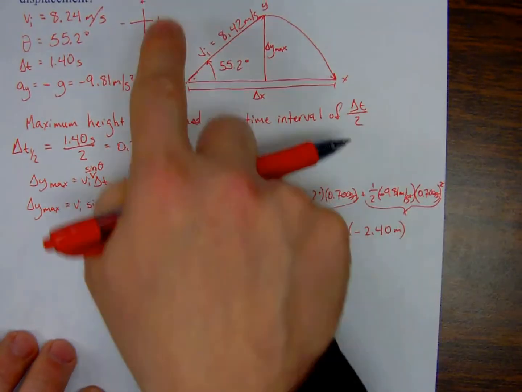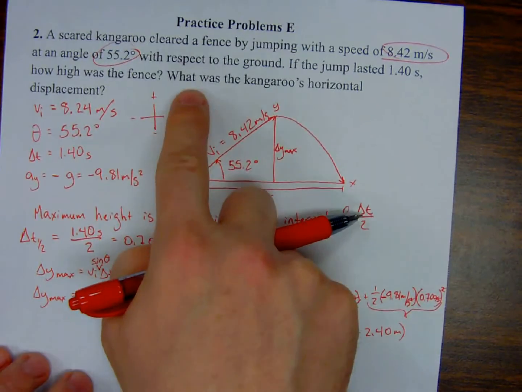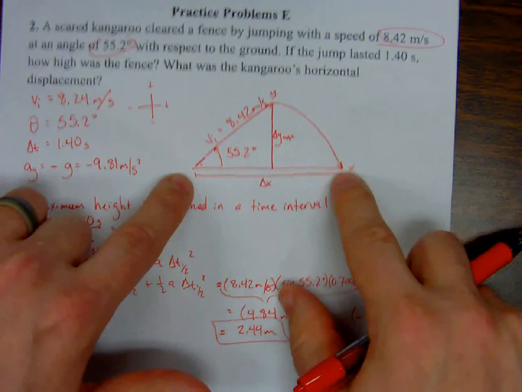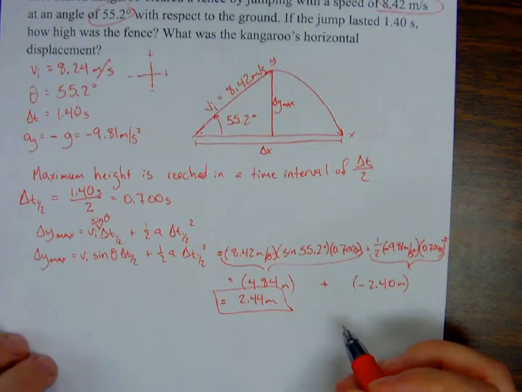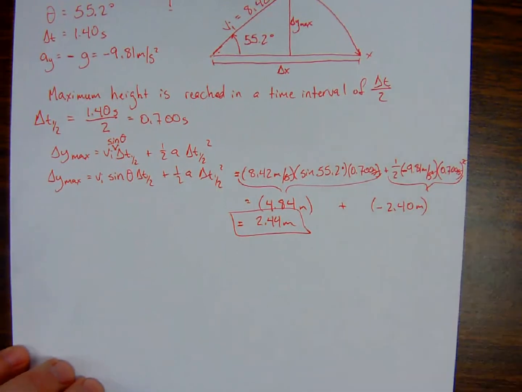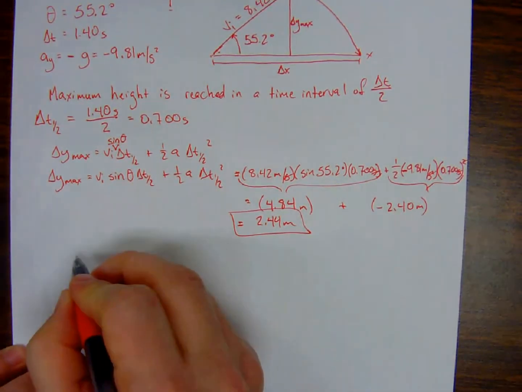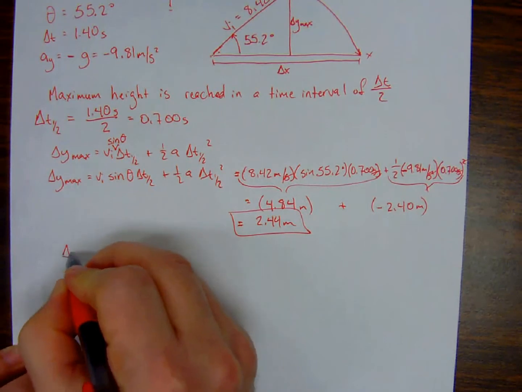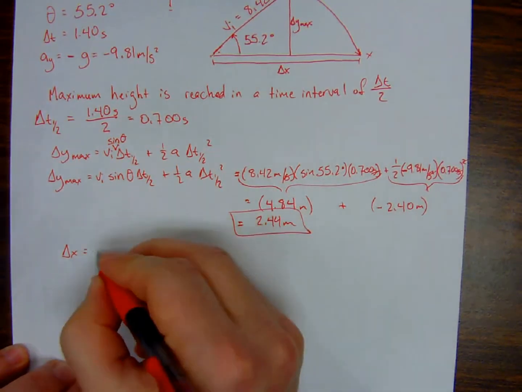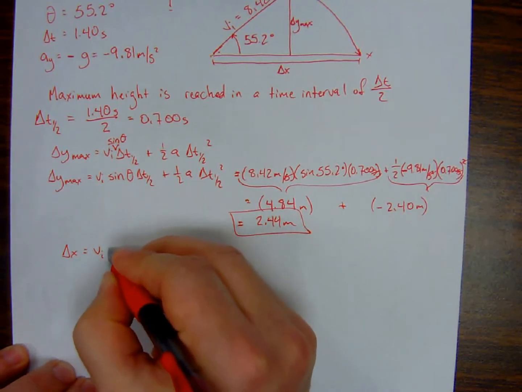Now, again, we know that the kinematic equation looks like that, but once the kangaroo has jumped, there's no change in velocity at all, because remember, we're not dealing with wind or air resistance here.